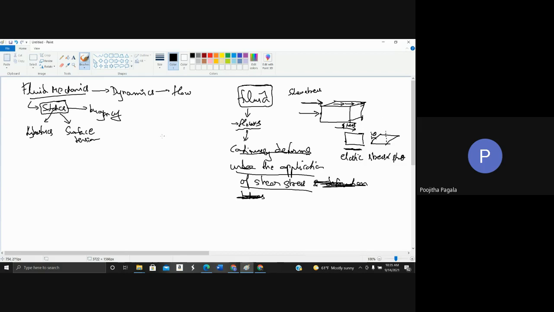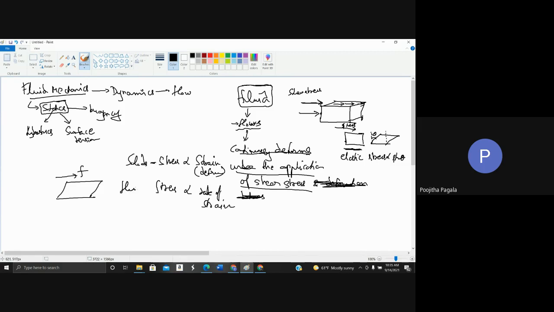So you can say that for solids, stress is proportional to strain. Strain is nothing but the deformation. Now coming to fluids. In case of fluids, it will be observed that the stress is directly proportional to rate of strain.